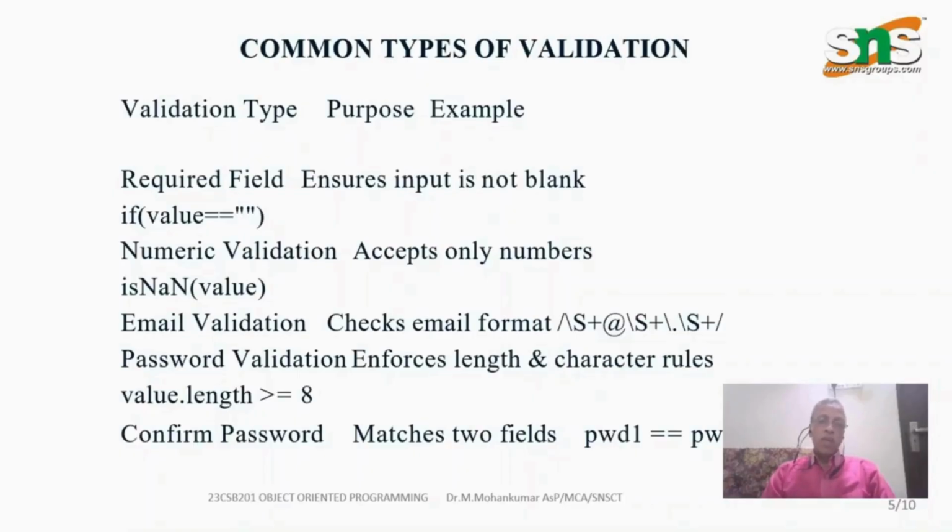Password validation enforces length and character rules, for example value.length greater than or equal to 8, so your password must be at least 8 characters long. Confirm password matches two fields: pwd1 equals pwd2. These are the common types of validation in our normal applications.